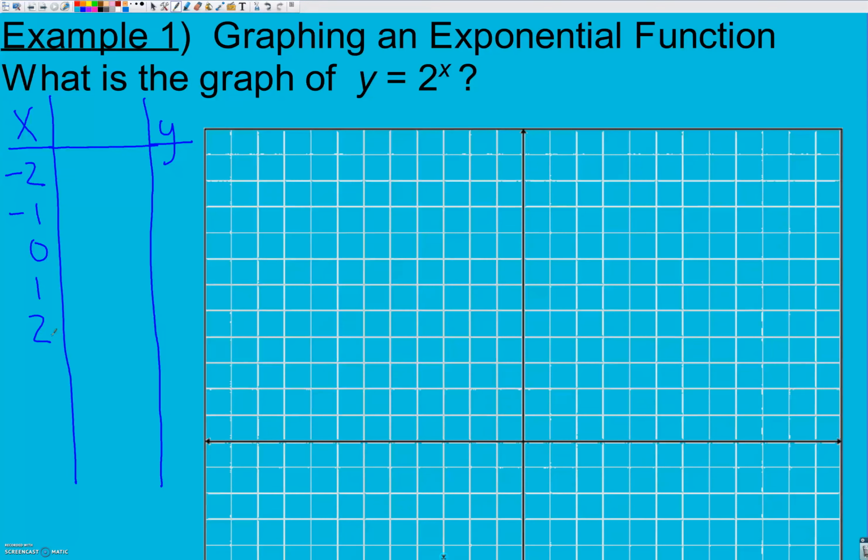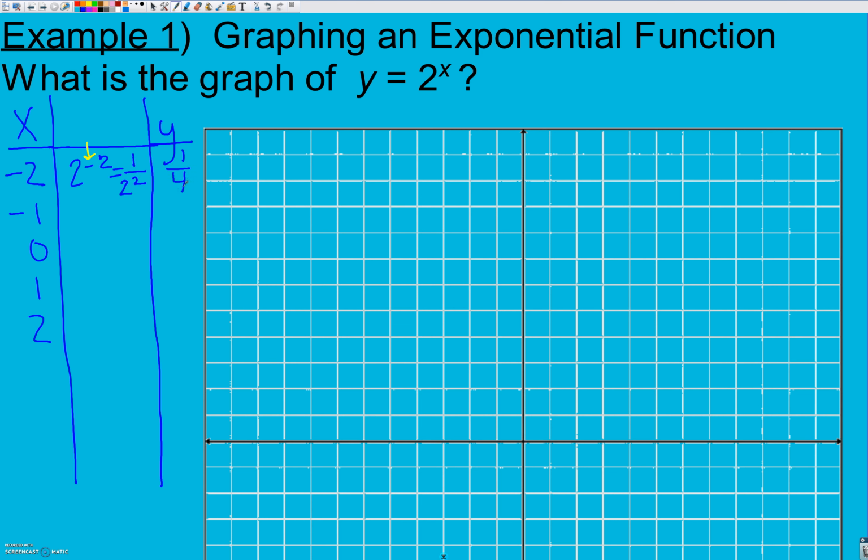When I do that, I get 2 to the negative 2 power, which, if we remember from last chapter, is 1 over 2 to the positive 2 power. To get rid of this negative exponent, we take it to the denominator. And 1 over 2 squared is 1/4.